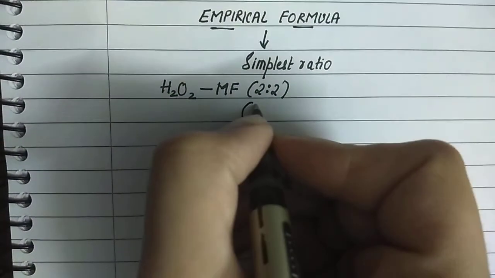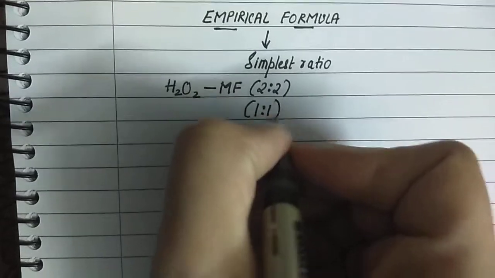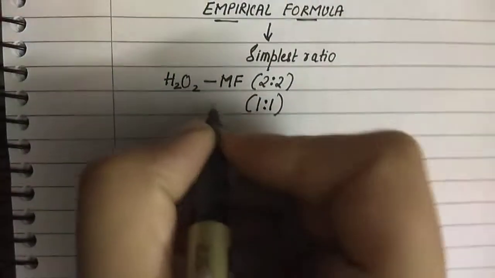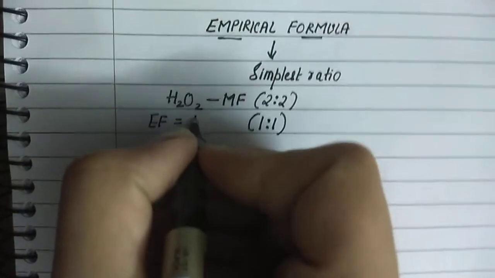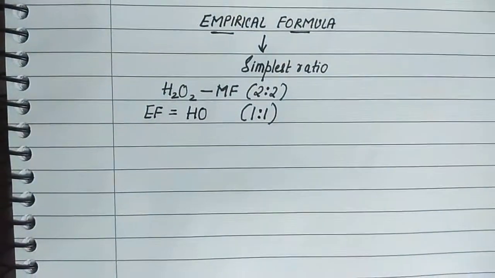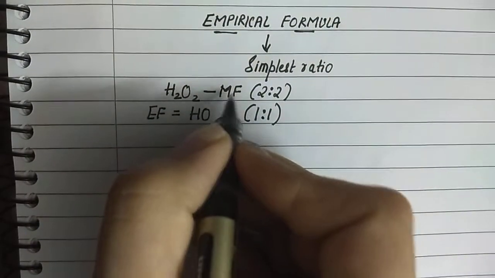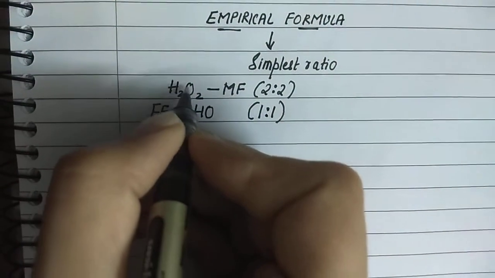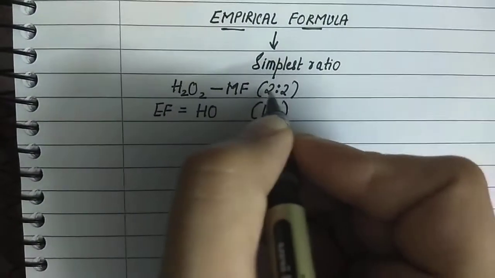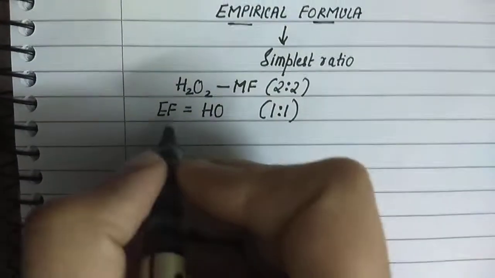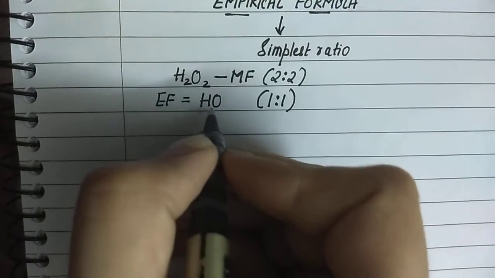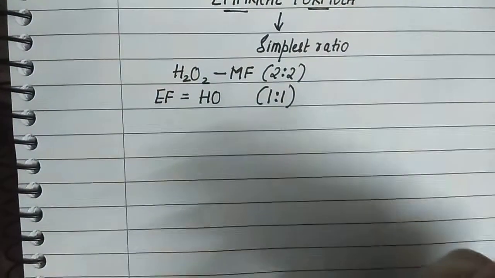Obviously I can simplify it like this. In that case, my empirical formula would become HO. Earlier in the molecular formula, I had H2O2, that is why the ratio was 2:2. Now when I have the ratio as 1:1, I have the empirical formula as H1O1 or HO.